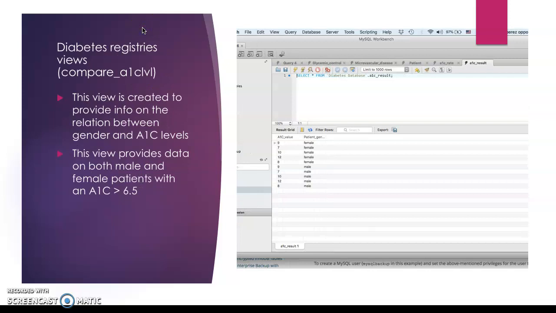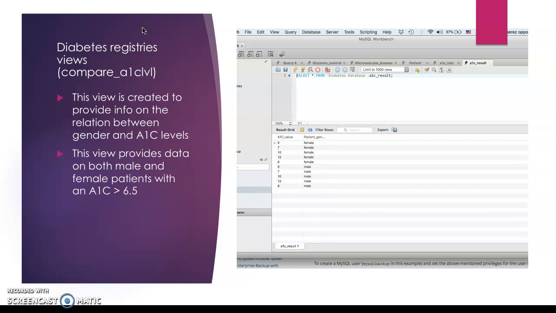Then we go down to my views. The picture on our left is a view created to provide information on the relationship between gender and A1C. You can see on my right all the females and all the males.